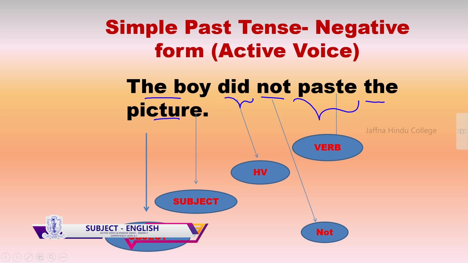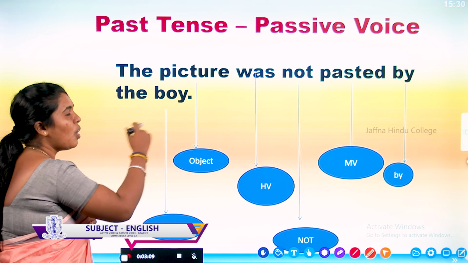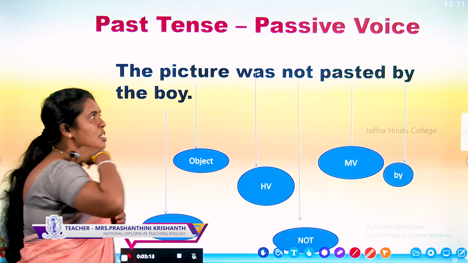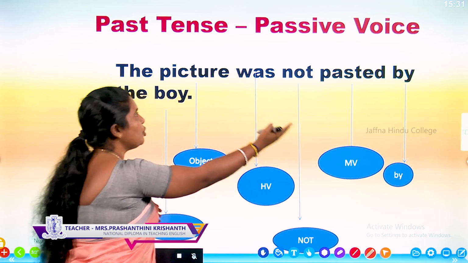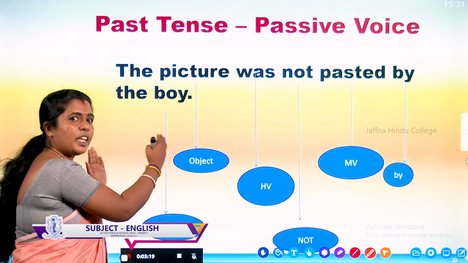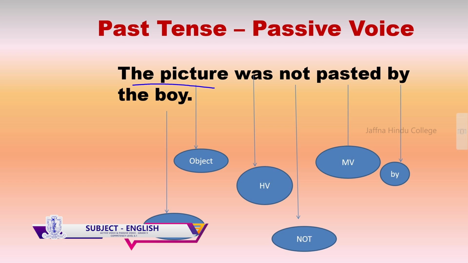Now we are going to see the passive form, right? You know, already I taught you how to change into passive form. So for the passive voice, we have to take the object first. So what is the object of that sentence? The picture is the object. So we are taking the word first. The picture wasn't, right?